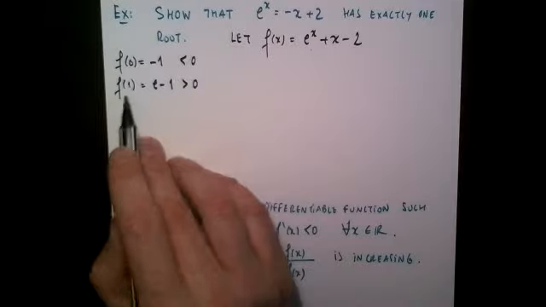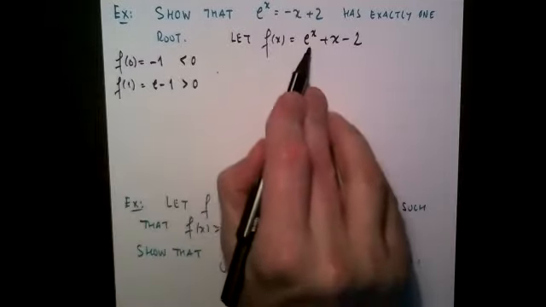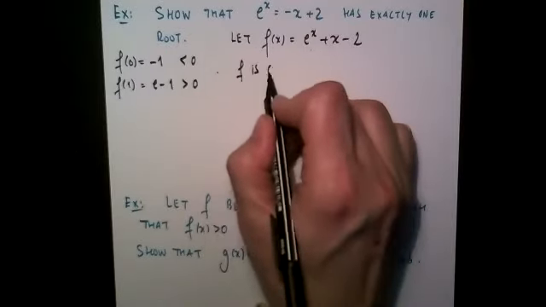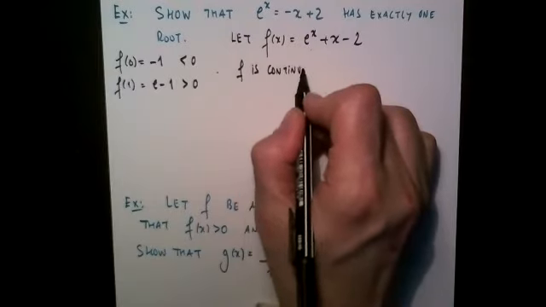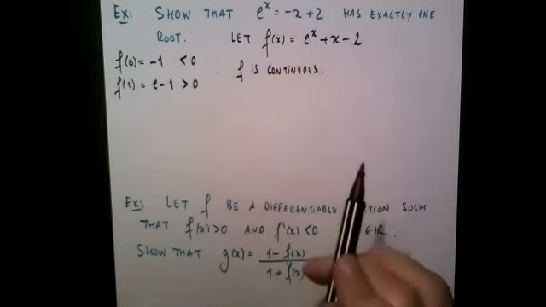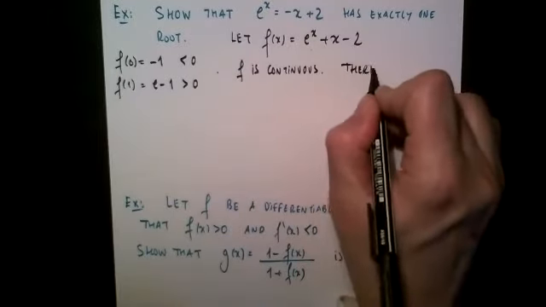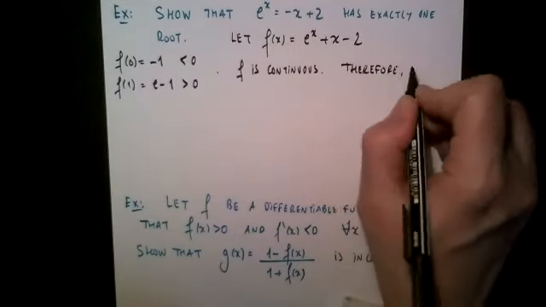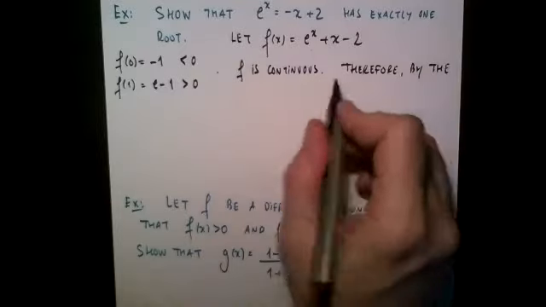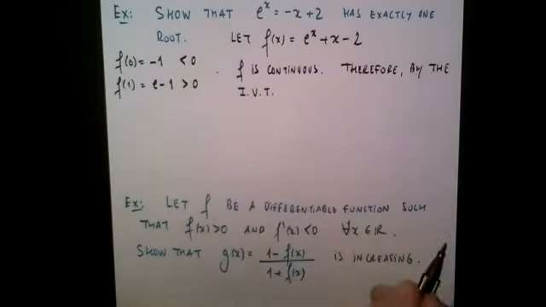Okay. Next thing I need to do, well, actually, I notice that f is a continuous function. f is continuous, of course. There's no restriction on the x here. So therefore, by the which theorem? Intermediate value theorem, right?